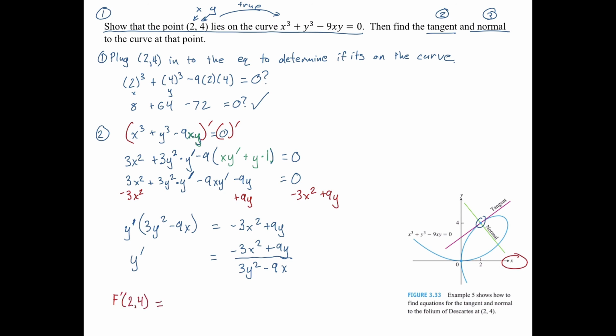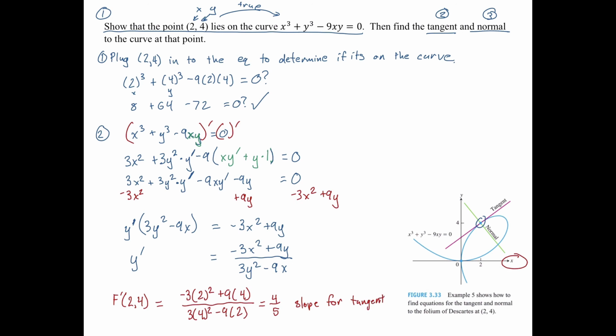And when we plug this in, we would have minus 3 times 2 squared plus 9 times 4, and then all of that divided by 3 times 4 squared minus 9 times 2. When we simplify this, this gives us 4/5. And this is the slope for the tangent.